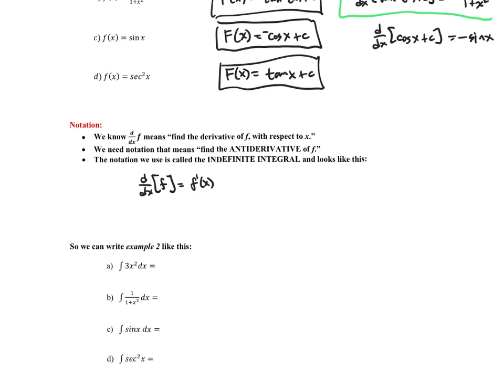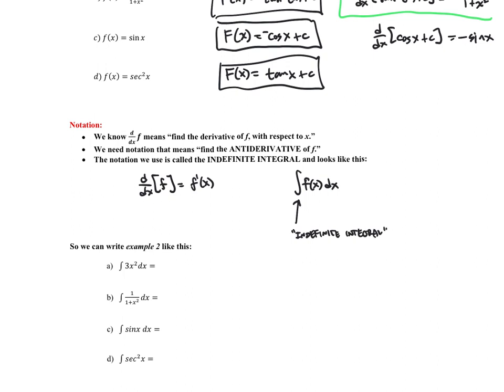But how do we go the other way? Well, the integral of f with respect to x, all right, so this is the indefinite integral.